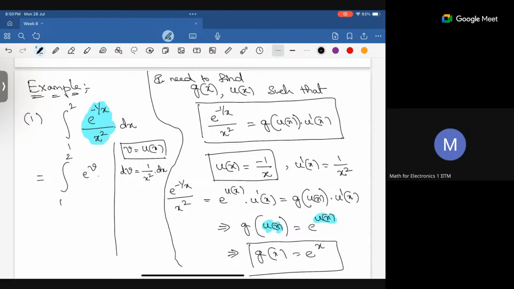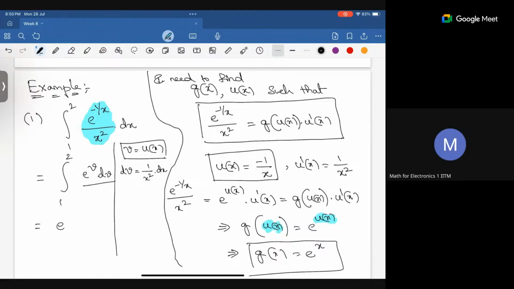So I will get e power v dv, and we know how to integrate e power v dv.